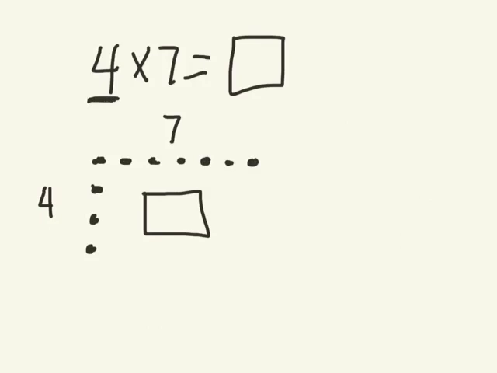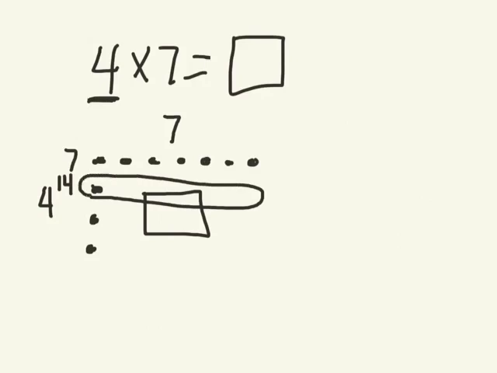And now we are ready to do our 7 count bys because we're going to count our rows. Of course, we start with 7, and our next count by for 7 would be 14. And again, we are just imagining that there are 7 dots there.